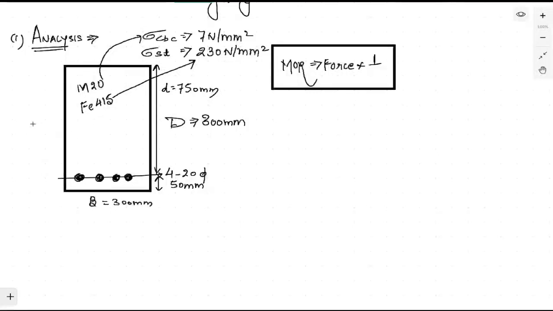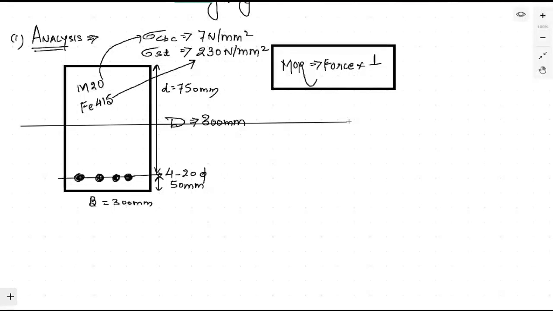For example, this is the axis along which the bending is taking place. Along this axis, there will be the development of opposite types of stresses, which will try to create a response against the external stresses. For example, the external load is acting, because of which there is an external moment. To resist that moment, there will be the internal response, the internal moment, which is known as the moment of resistance, developed by the beam itself.